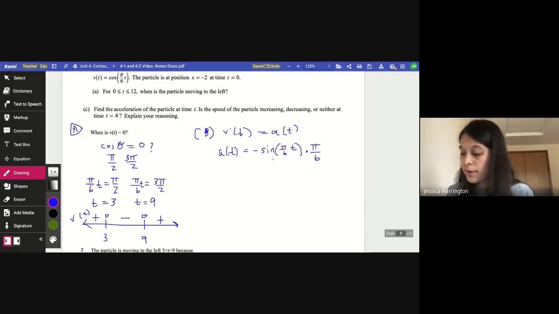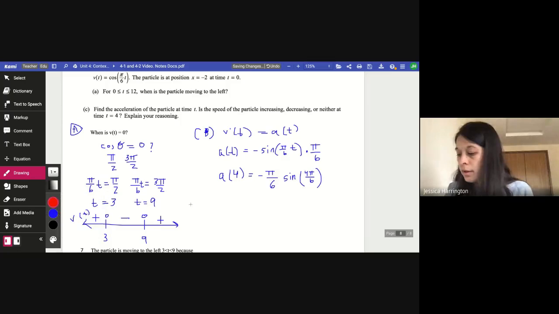And it asks us to find the acceleration at 4. So if I plug in 4, I end up with negative pi over 6, right? And sine, I'm just putting the pi over 6 in the front. And then I'd end up with 4 pi over 6, that's just 2 pi over 3.